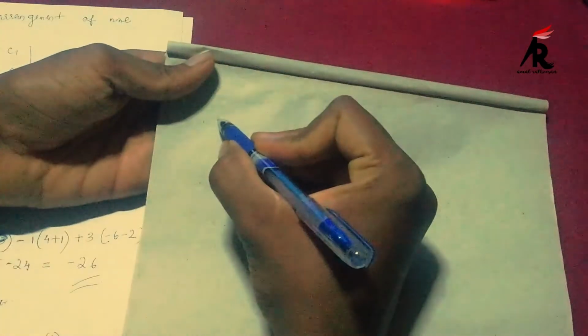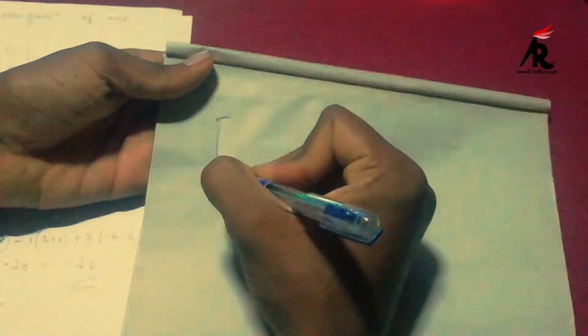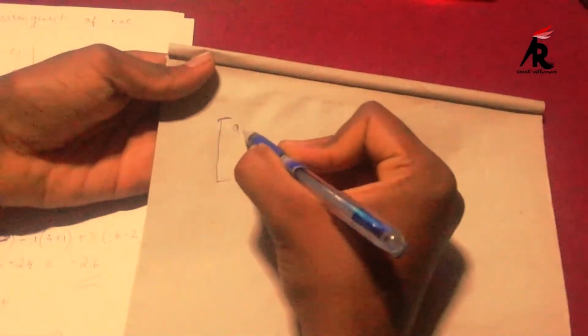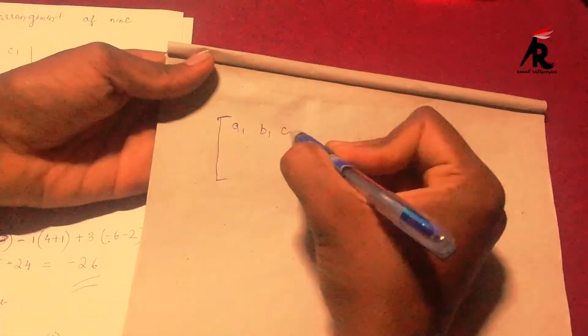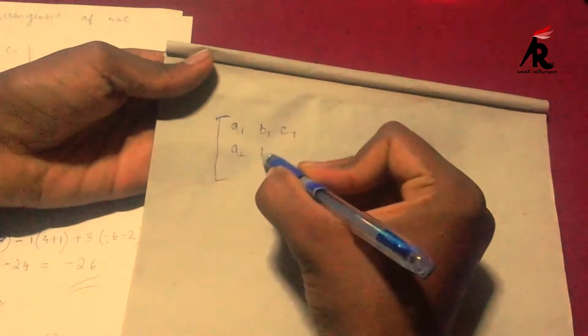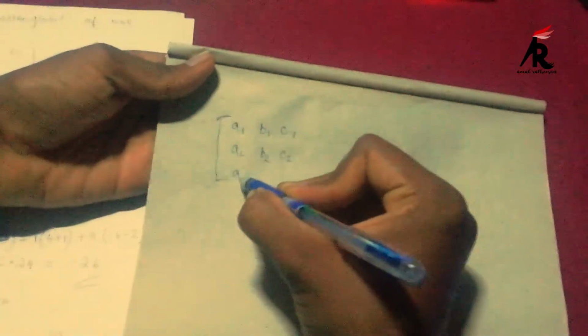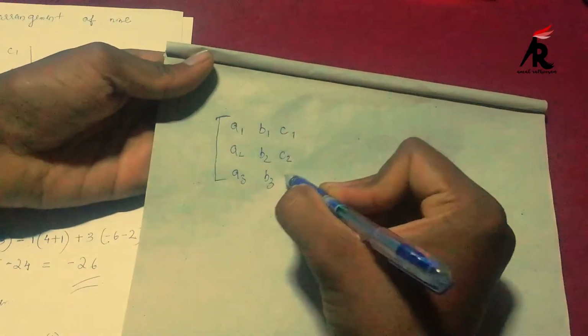We have the elements a1 b1 c1, a2 b2 c2, a3 b3 c3.